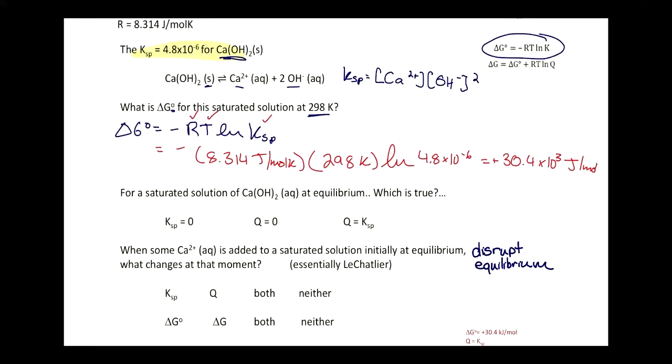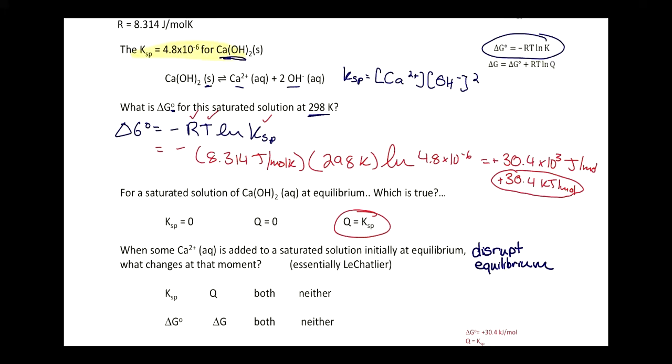But that's a fairly large number. Typically, we like to put these numbers in kilojoules. So this ends up being 30.4 kilojoules per mole. And this is a positive number, and that reflects this very small value of KSP. Since this reaction is at equilibrium, what that means is that Q equals KSP in this saturated solution.